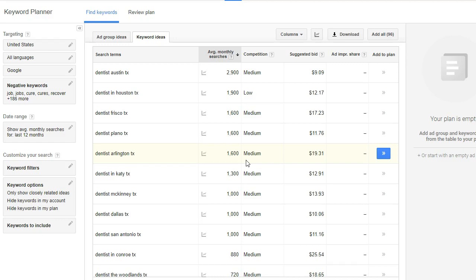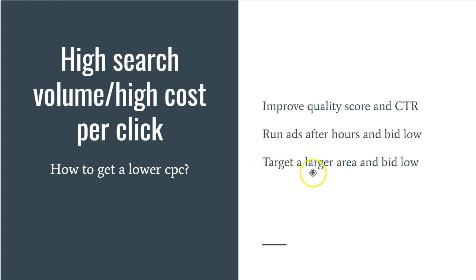You can capture another 1,600, 2,000 search volume from there. And since you're bidding low, you can expect a low number of clicks, but then obviously since there are so many cities around, you can capture all those clicks and get a higher volume of clicks at a lower cost. High volume clicks at low cost. Why? Because you have targeted a larger area and you have kept the bid low.